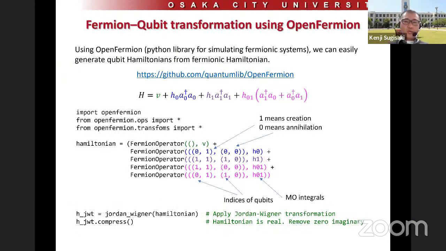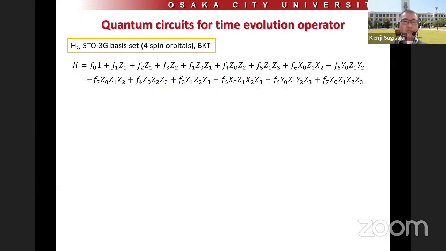So we can generate the qubit operators by using Jordan-Wigner or Bravyi-Kitaev or any other mapping approach. Then we have to generate the quantum circuit corresponding to the time evolution operator in order to perform the quantum phase estimation.